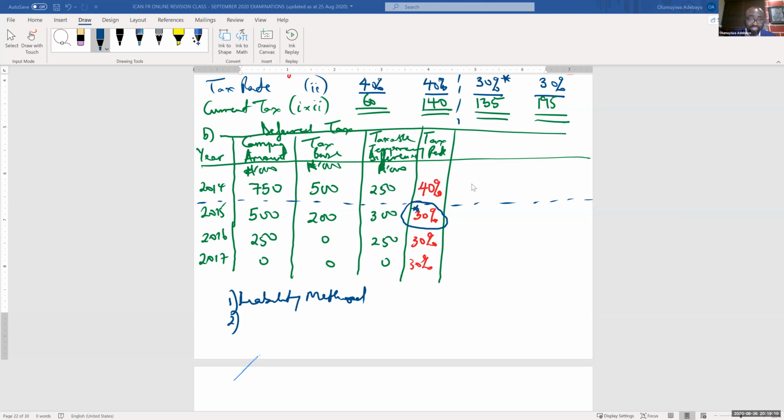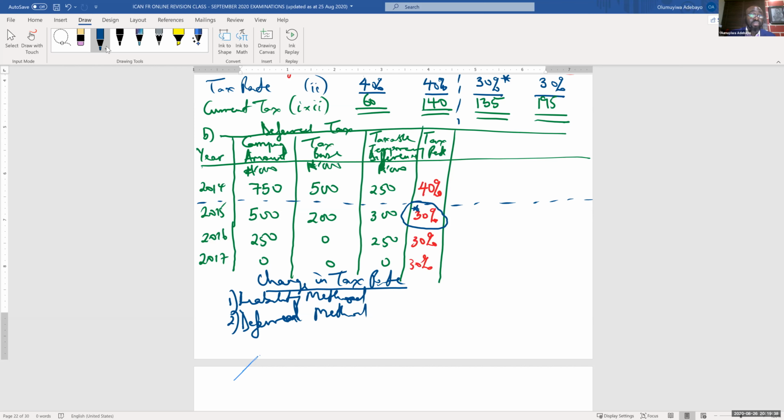But there's an alternative to that method, which is not permitted by IAS 12. We call it the deferral method, which means when there's a change in tax rates, the effect on deferred tax can be captured either by adopting the liability method or the deferral method.